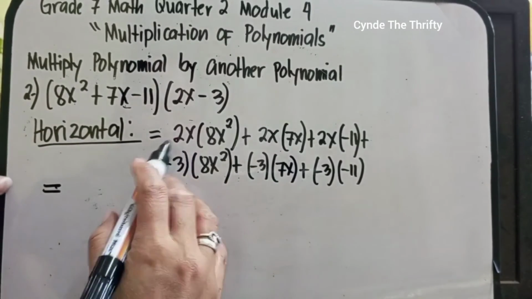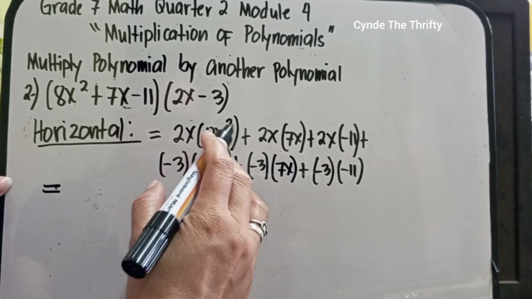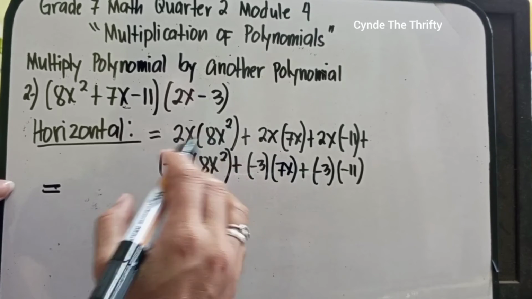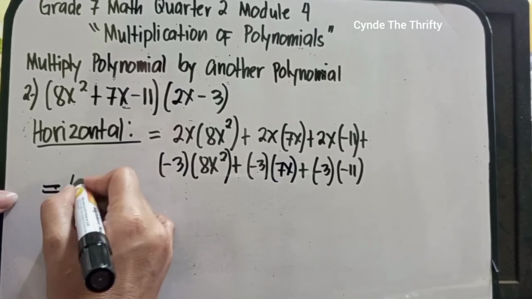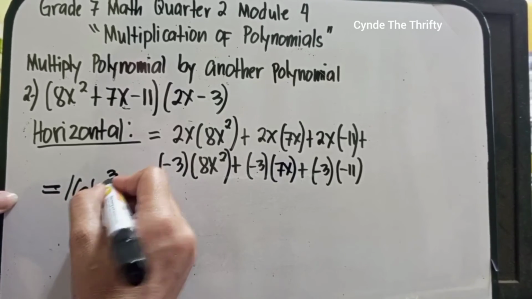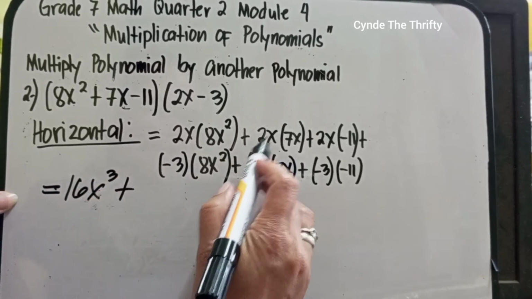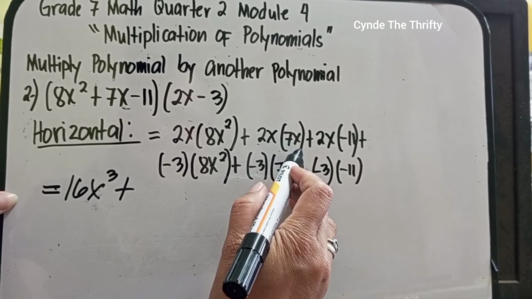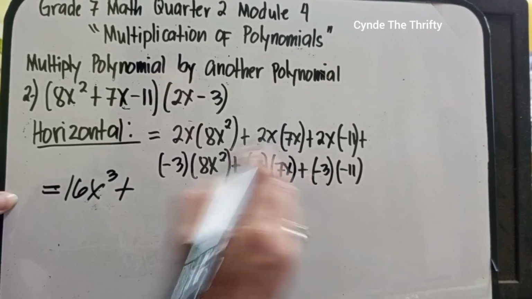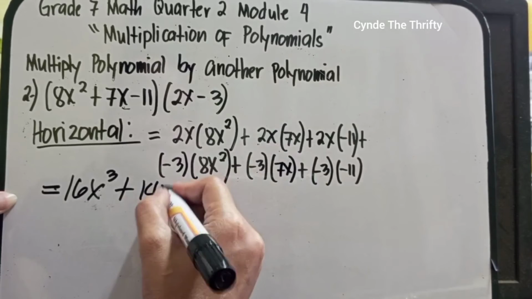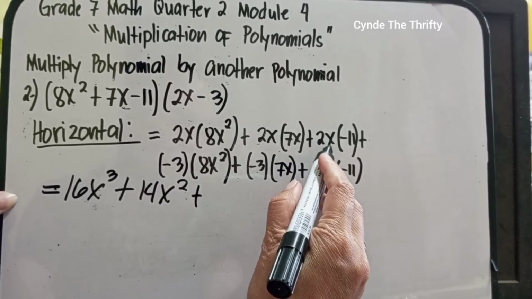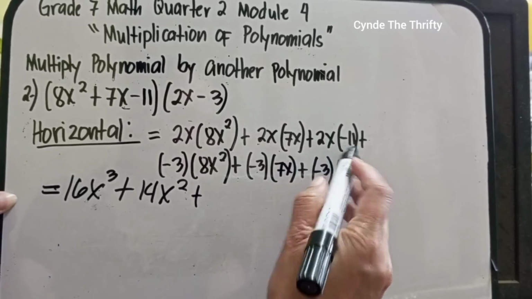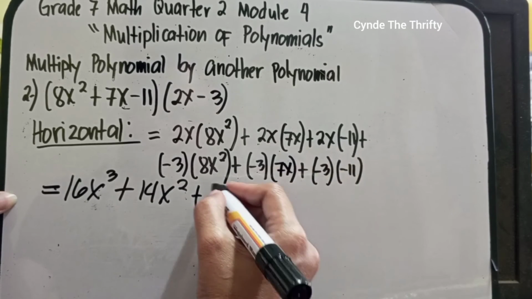So, isimplify na natin ang ating sagot. So, 2x times 8x squared. So, 2 times 8 is equal to 16, and then x times x squared is equal to x cubed, plus 2x times 7x is equal to 14x squared, plus 2x times negative 11. So, negative and positive is equal to negative.